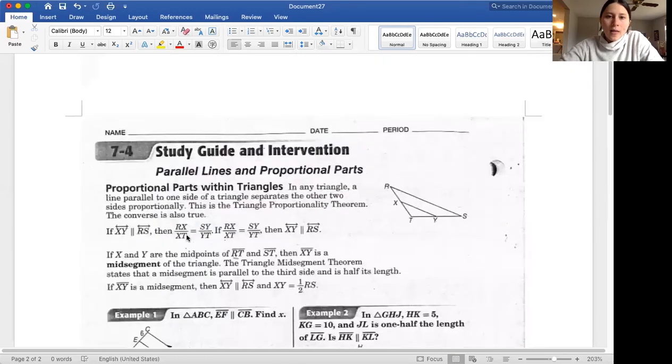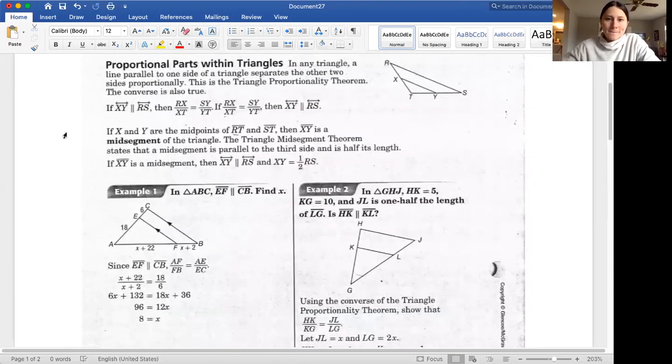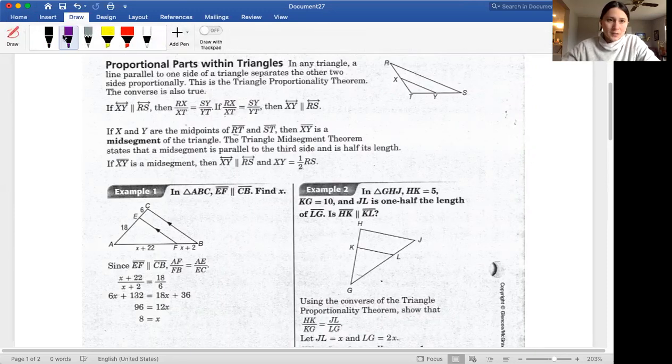So what we notice is that if we have a triangle that's split into two parts by basically adding a parallel line inside that triangle, so let's say that RS and XY here are parallel, what we're going to see is that these parts that are created by the parallel lines are proportional.